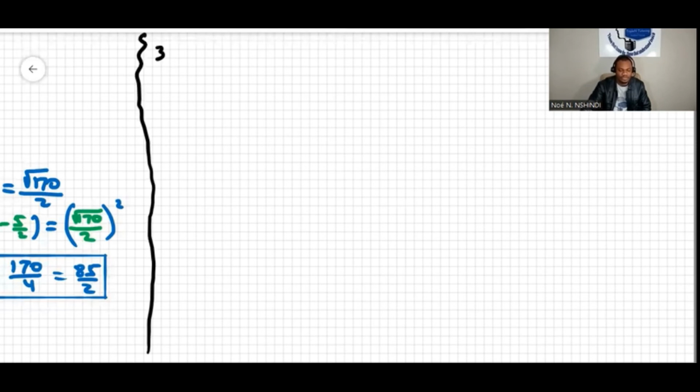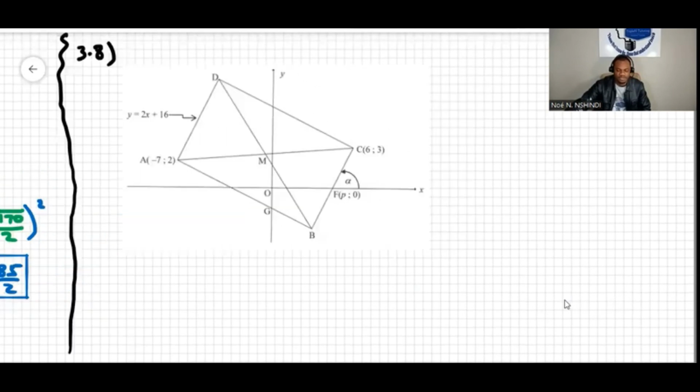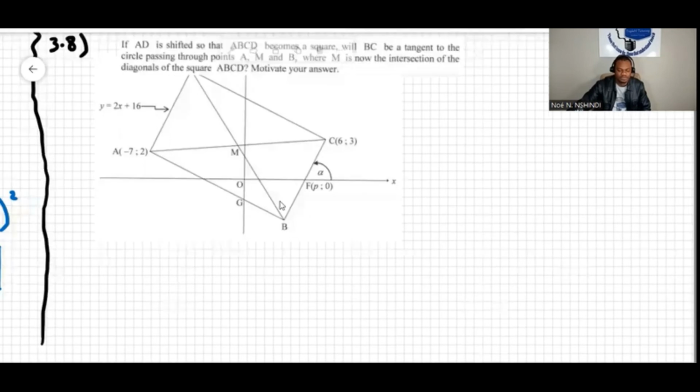3.8. Okay, here's the diagram. Now I think we should also put the question here so we can understand it better. Okay, here's the question and the diagram.